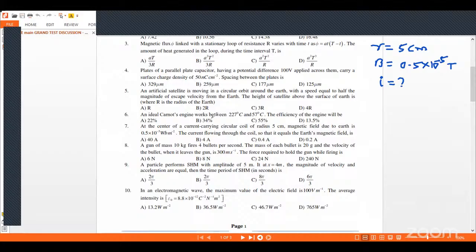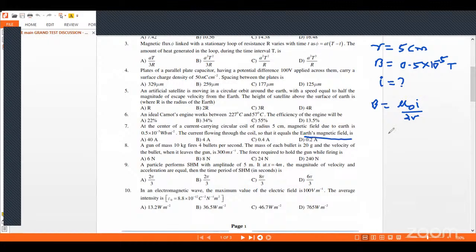At the center, B equal to mu naught I by 2R, because they gave at the center of a current carrying coil, magnetic field due to the coil, so that it equals earth magnetic field.